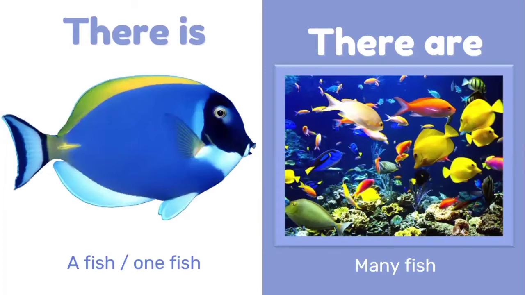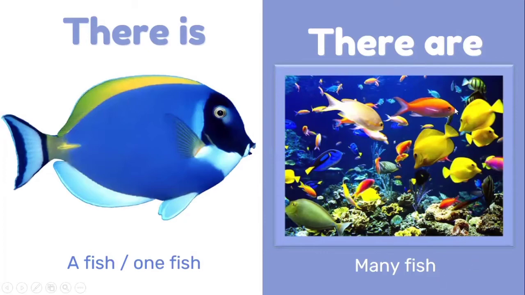However, there are some exceptions where you don't have to add the letter S in plural nouns. For example, the word fish. There is a fish, or there is one fish. The plural of fish is also fish, not fishes. So, there are many fish.